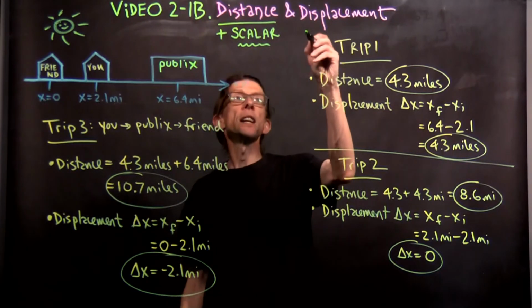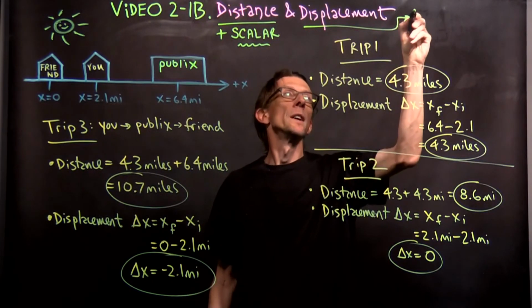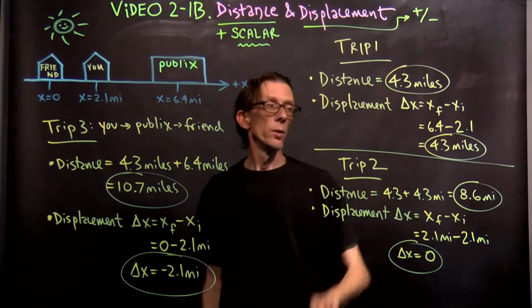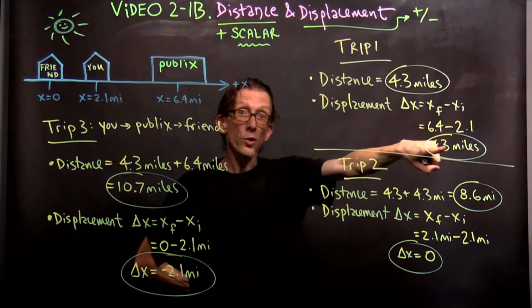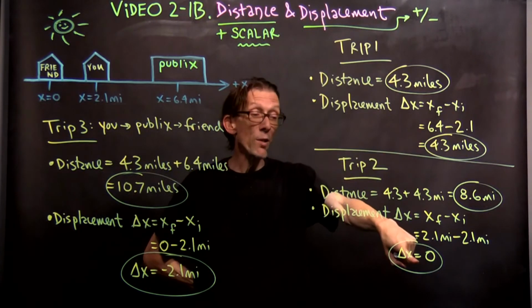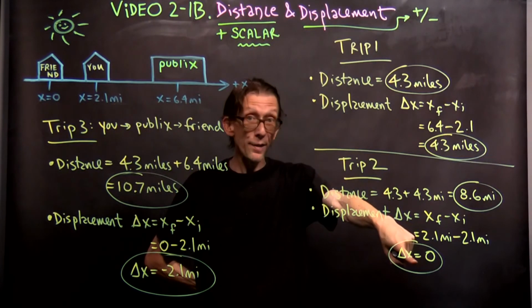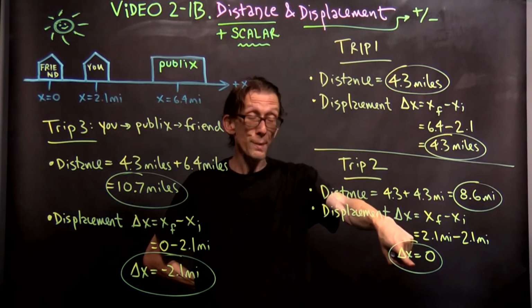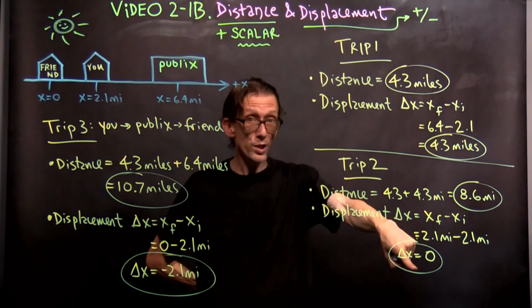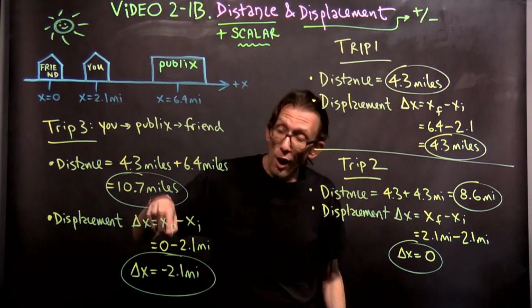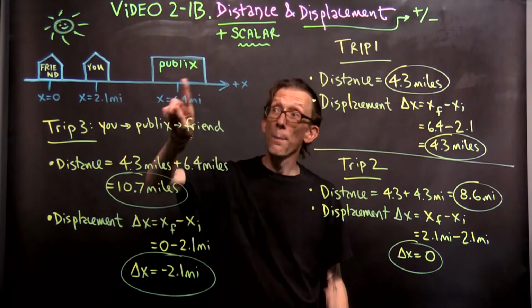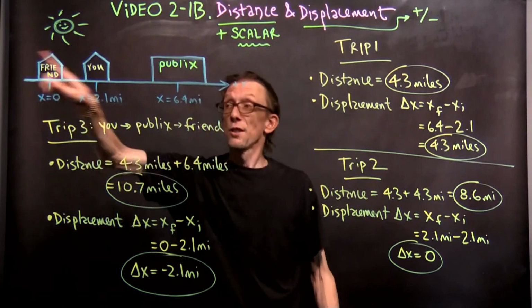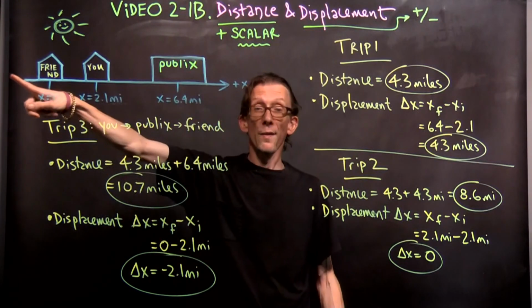Okay. Displacement, however, can be positive or negative. We see a positive displacement here with trip 1. We see a 0 displacement here for trip 2. Even though you went to the store and back, your displacement was 0 because you ended up where you started. But you can also have a negative displacement. If you end up to the left on this number line, you have a negative displacement.